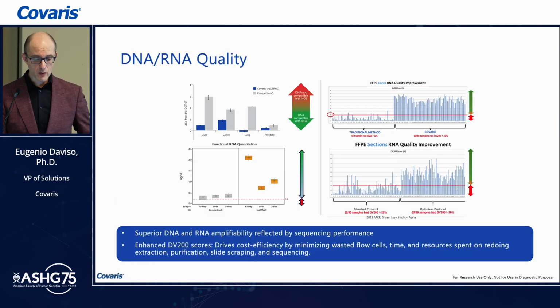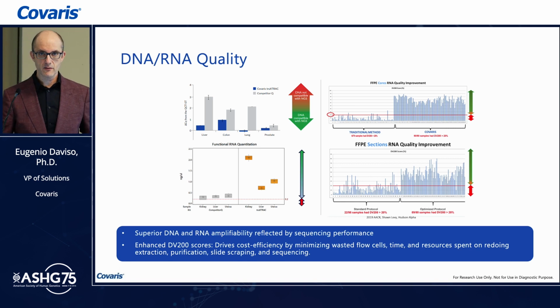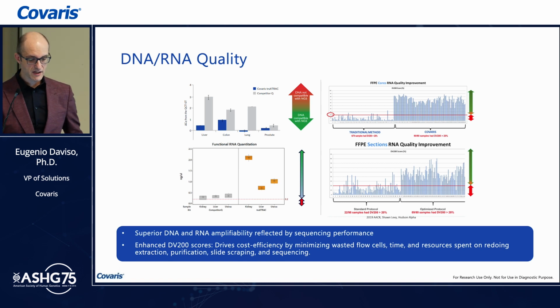And this is visible when we look at the amplifiability, a very simple test where through PCR we amplified housekeeping genes. For this one we used the Illumina QC kit, and you see that the amplifiability from DNA extracted using TrueExtract is about 3 to 4 times higher compared to the competitor.